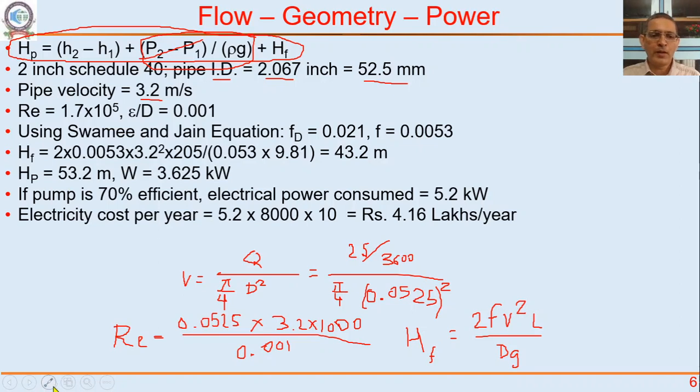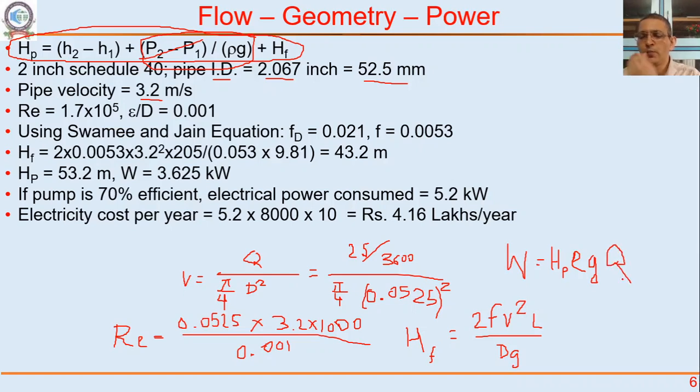Now what is the power that the pump has to deliver? Let's write that. Power that the pump has to deliver is HP, the head that the pump has to add, rho, g and Q. Q is volumetric flow rate. Take care of units.